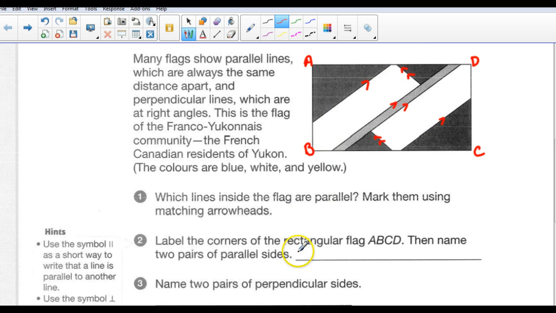So we'll say that AB is parallel to DC. Notice how I use the two lines here for parallel. And we know that AD is parallel to BC. This is a faster way of doing it, and it shows the parallel symbol here.